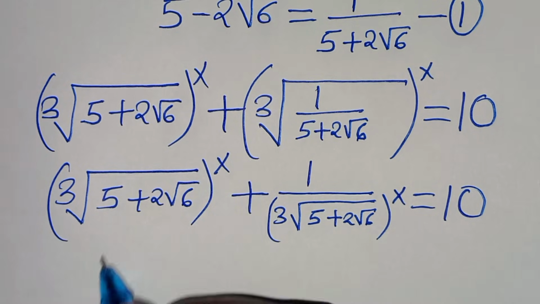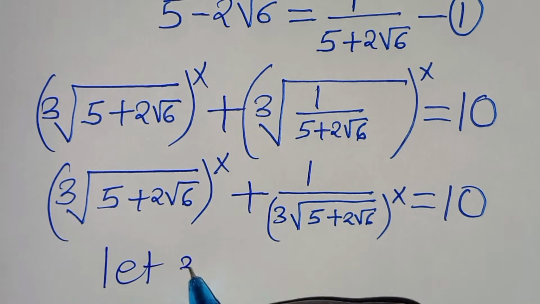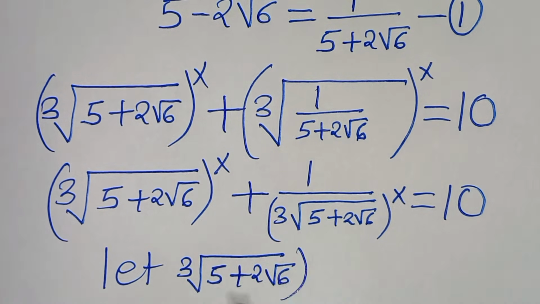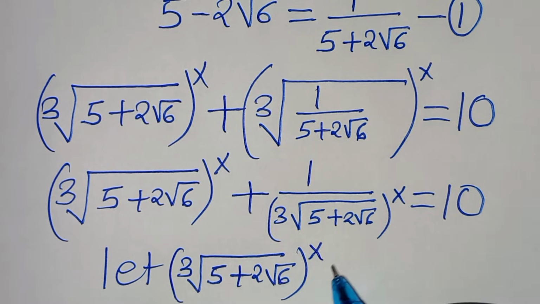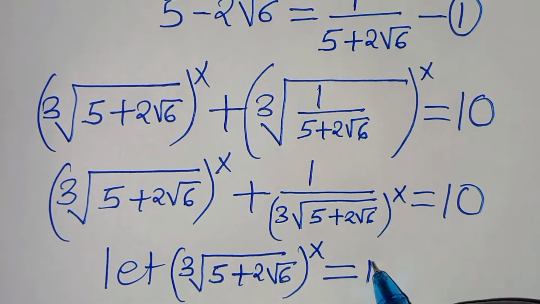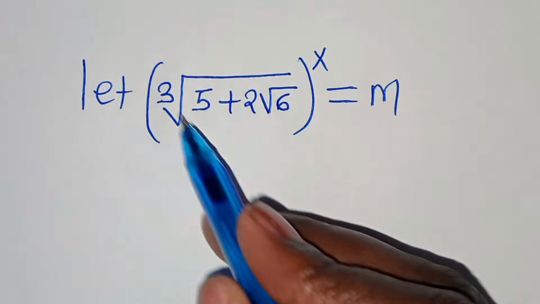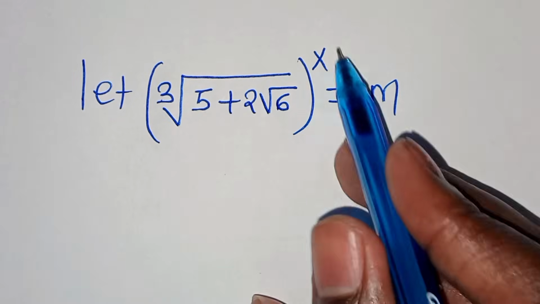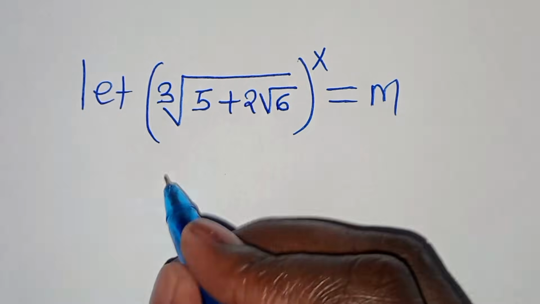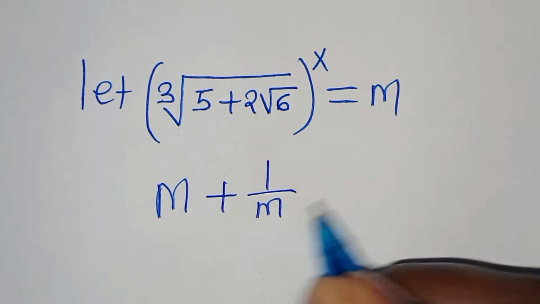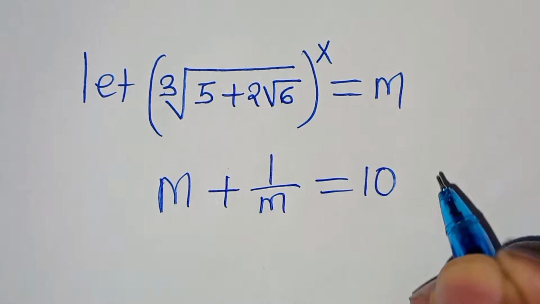The next step is that we can let the cube root of 5 plus 2 root 6 raised to the power of x be equal to m. So we have m plus 1 over m equal to 10.